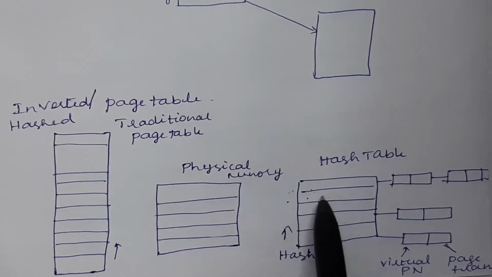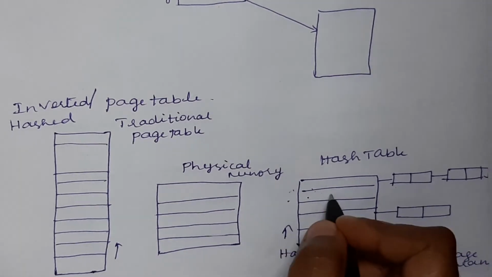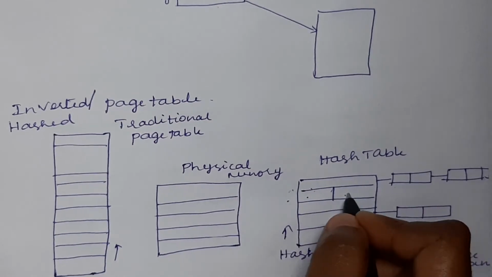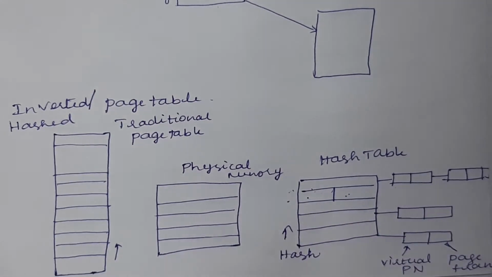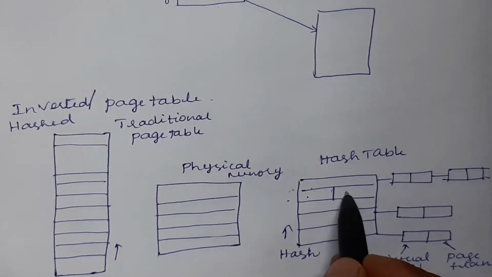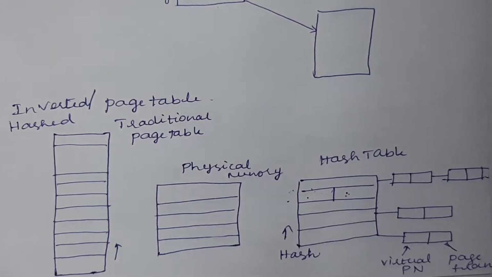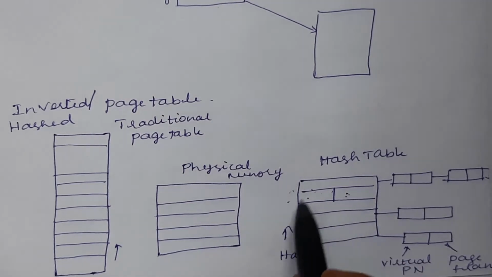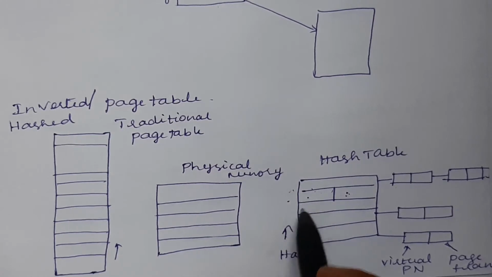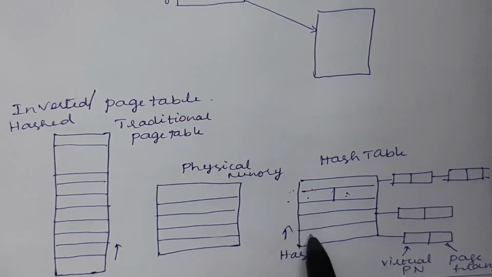If it matches, then whatever page frame number we have in that location could be the content we are searching for, the actual physical address of that content. If it does not match, then we have to search with any other key field value which matches the corresponding location.